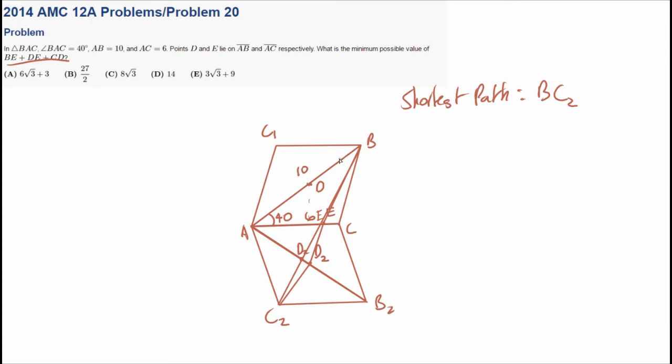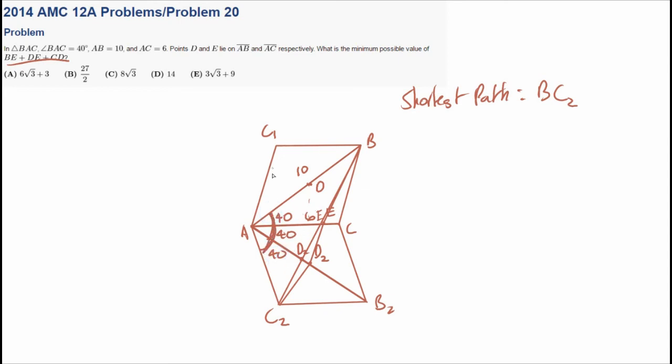So now how do I find the length of this path? Well, actually it's not too hard. Notice how this angle is 40. We still haven't used that information yet. Since it's a reflection, this angle is 40, and since C2AB2 is a reflection of CAB2, this is also 40. So totally this angle is 120.